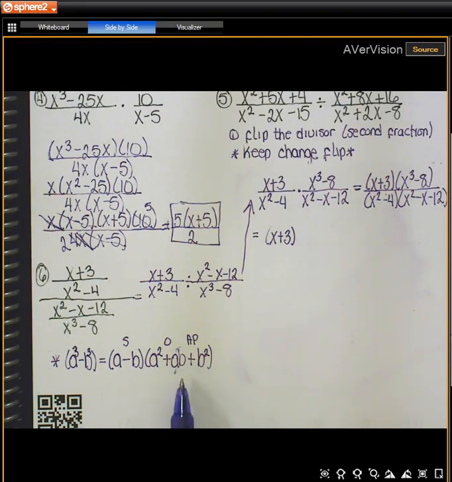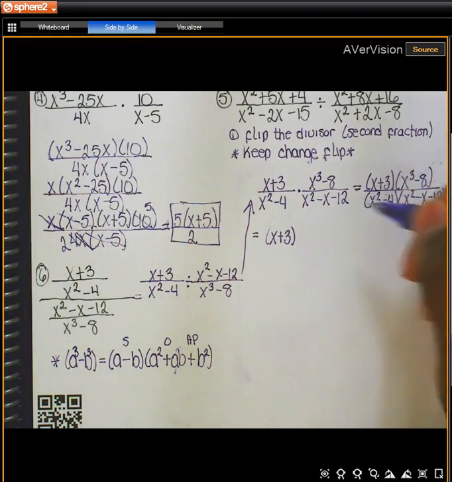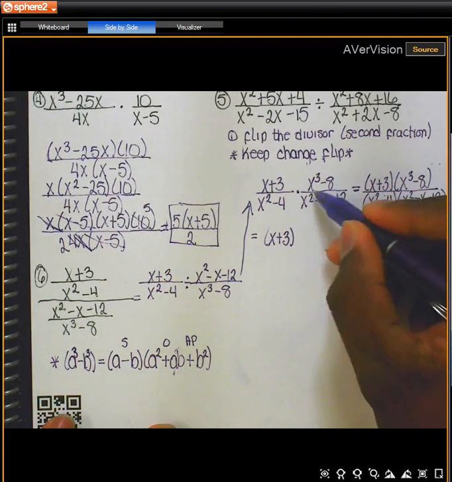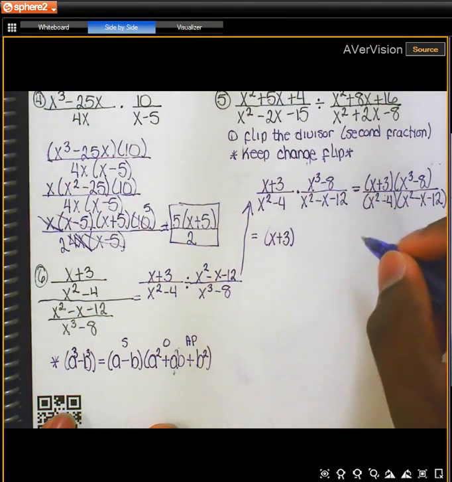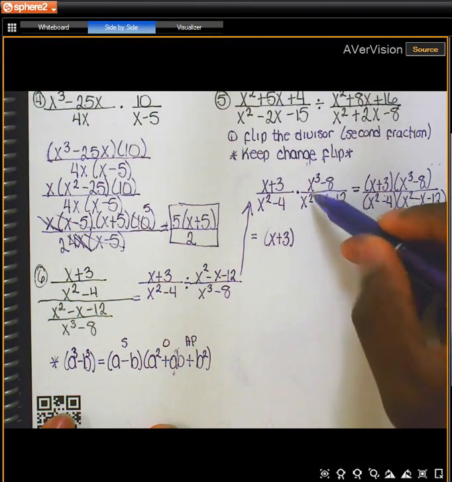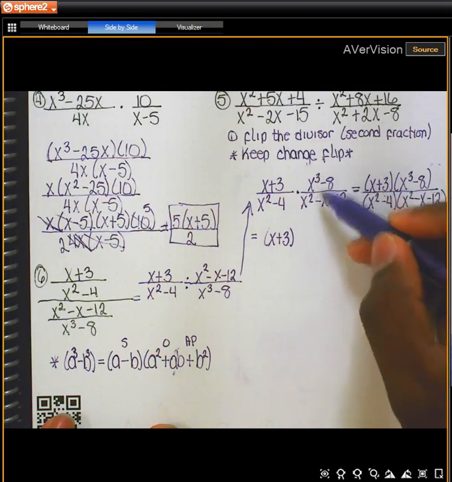Right? So remember, we had to find base terms, and a and b are what the base terms are, right? So looking at this one, what is the base term for x cubed? Do we all know what I mean when I say base term? So base term is the number you have to cube to get x cubed.